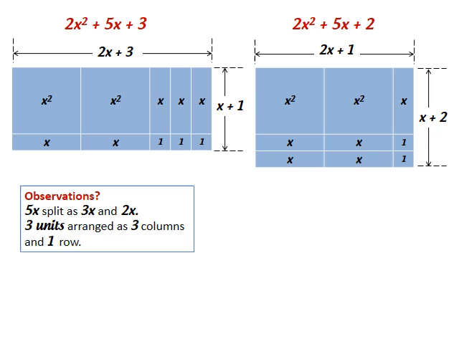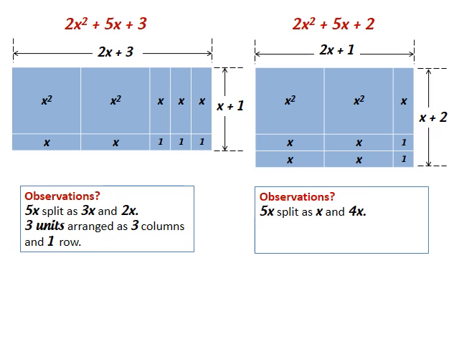Previously, if you have observed, the way the 5x was split, the units were also arranged in a similar number of columns and rows, but here they are not. In the second expression, the 5x has been split as 4x and 4x. And how are the two units arranged? They have been arranged as 1 column and 2 rows.